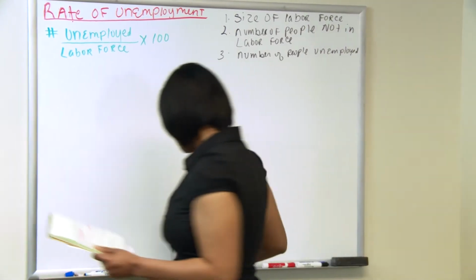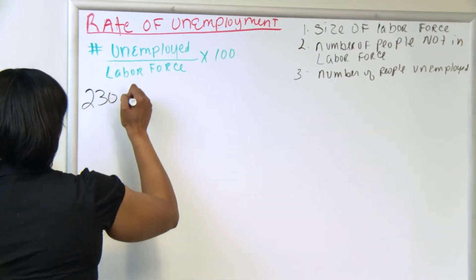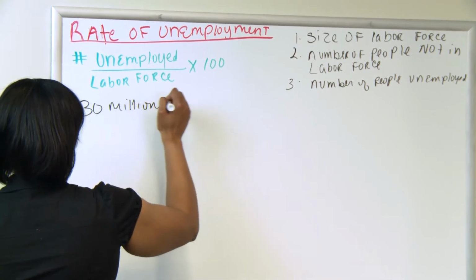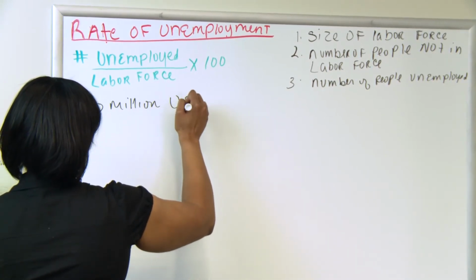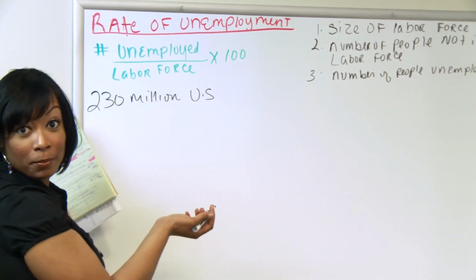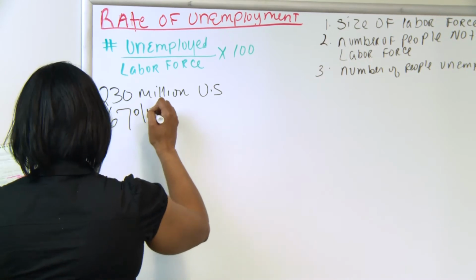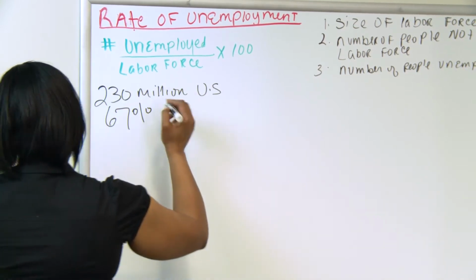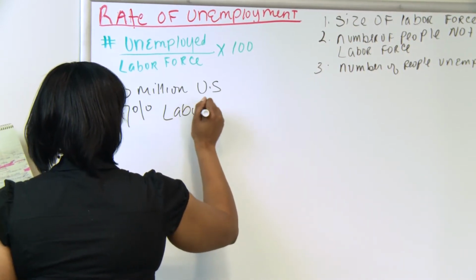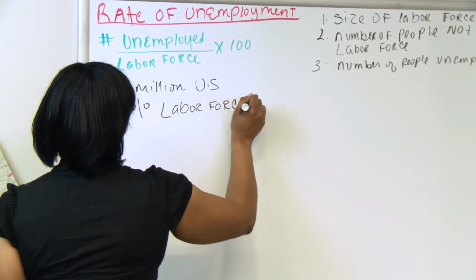So let's assume that we have 230 million people total in the U.S. population. Also, out of that 230 million people in the U.S., 67% of those people are in the labor force, or participating in the labor force, I should say.